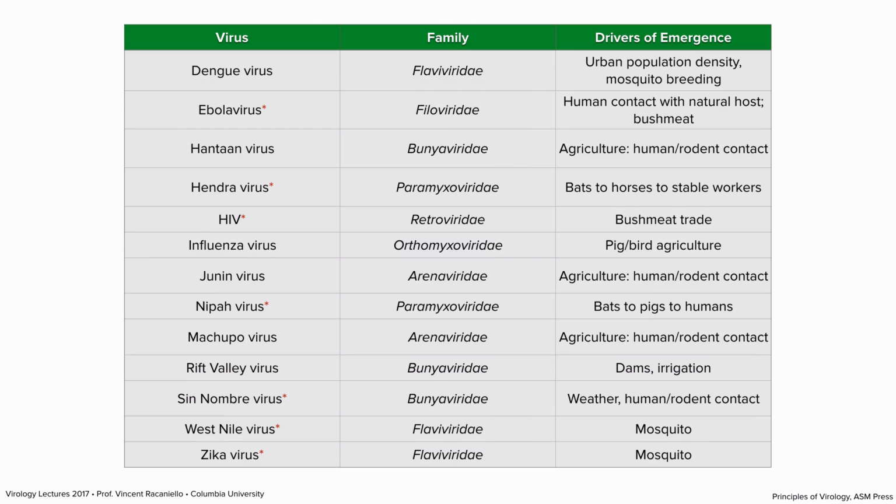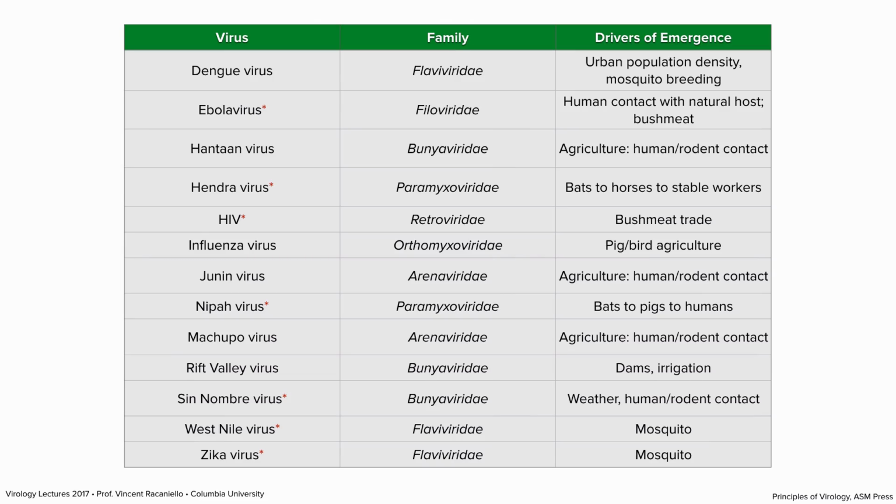Hendra virus, a paramyxovirus we'll talk about, which travels from bats to horses to stable workers, a virus we didn't know about up until a number of years ago. HIV we'll talk about next time, probably crossed over from chimps to humans via the bushmeat trade. Nipah virus, from bats to pigs to humans. And the specifics we'll talk about today.